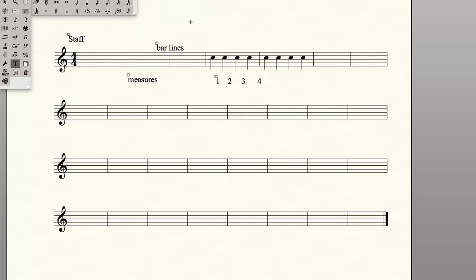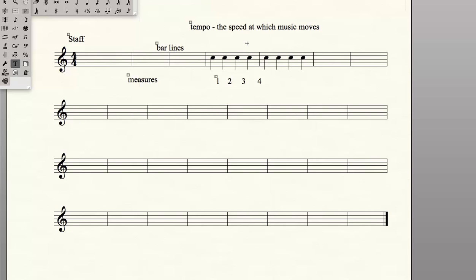Now, you heard me say that what you're counting is the beat, or what we call in music the tempo of the song. Now, tempo is a fancy word for beat, but it also means the speed at which music moves. And that speed is determined by whoever counts off the song.